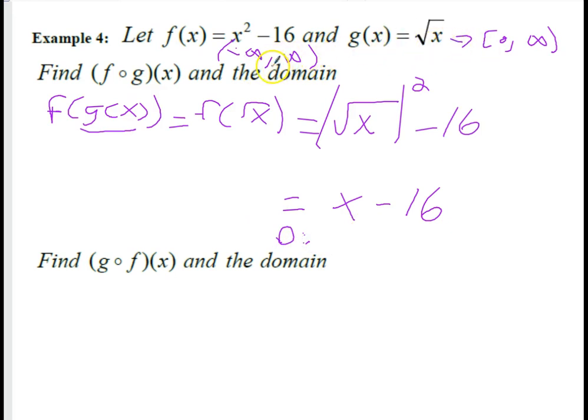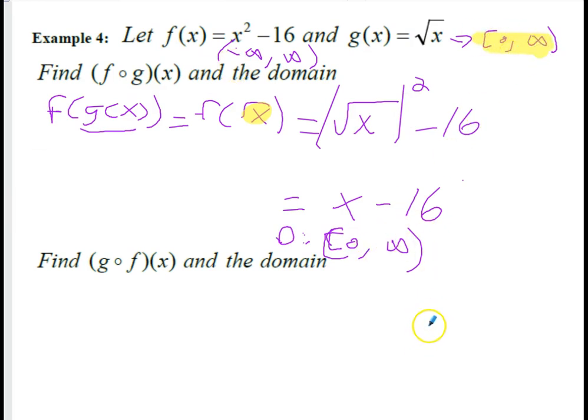So even though this resulting function is negative infinity to infinity, because the function that we plugged in had a restriction on its domain, our final answer is going to have that exact same domain. Again, even though this function is negative infinity to infinity, we have to let this domain overrule us here in our final answer.